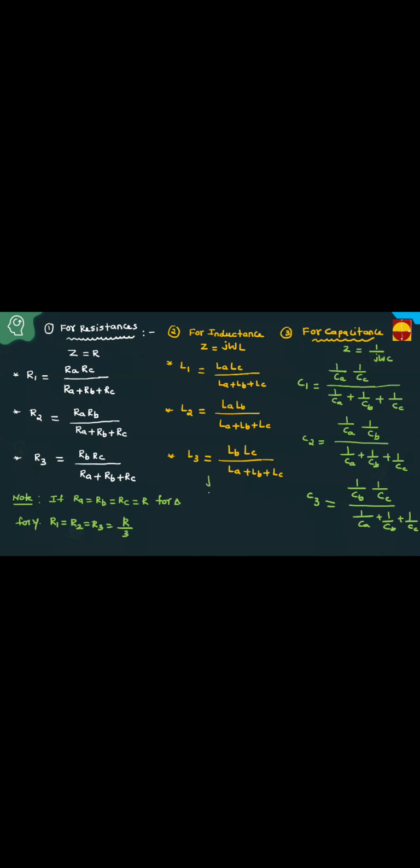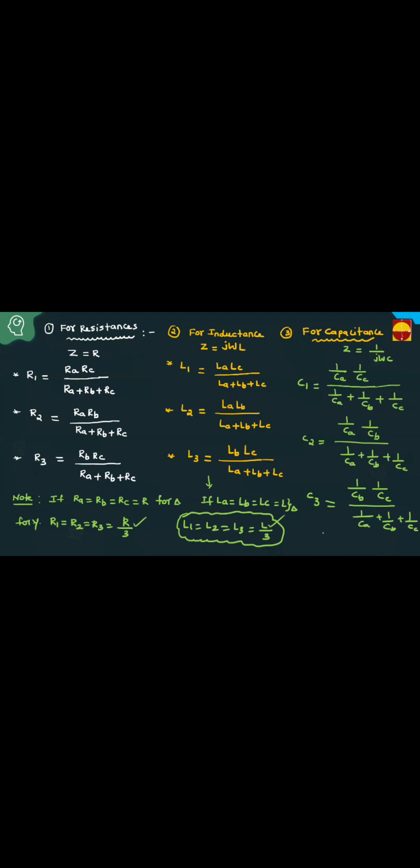Similarly, if LA equal to LB equal to LC equal to L in delta connection, then L1 equal to L2 equal to L3 equal to L by 3. That is in delta to star conversion. In star, the resistance is reduced by 3 times and inductance also becomes 1 by 3 times.